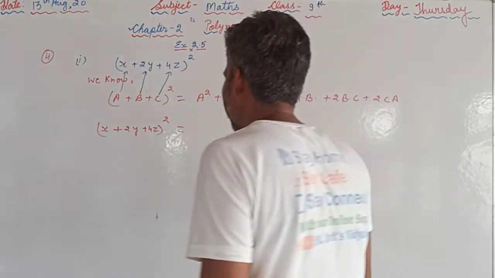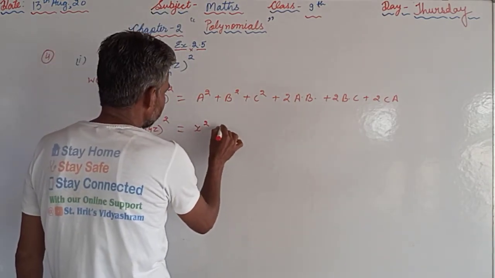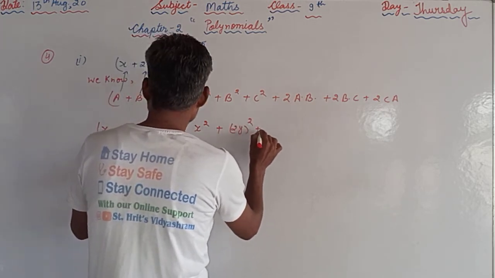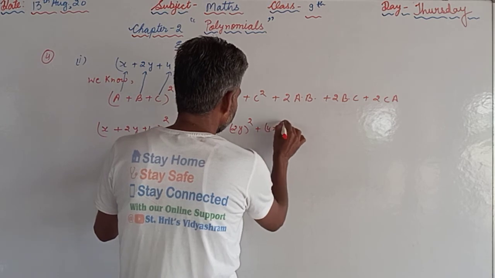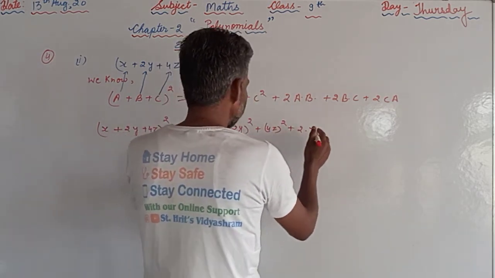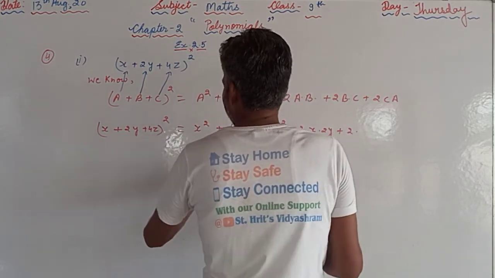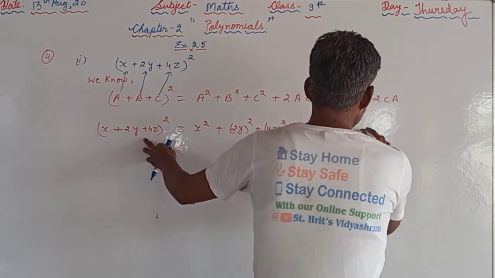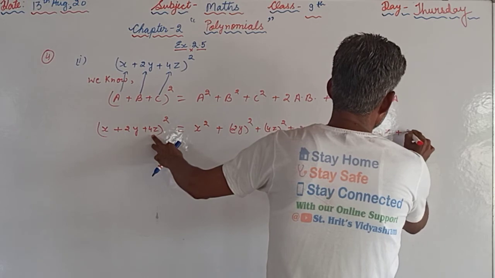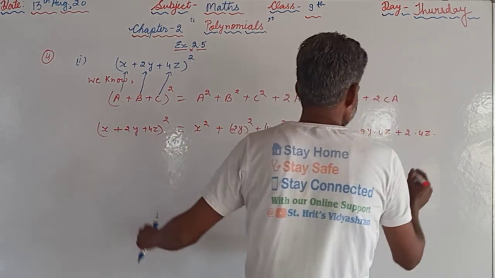In place of a we will write x, in place of b we will write 2y, in place of c we will write 4z, plus 2 into a, that is x, into b, that is 2y, plus 2 into b, that is 2y, into c, that is 4z, plus 2 into c, that is 4z, into a, that is x.